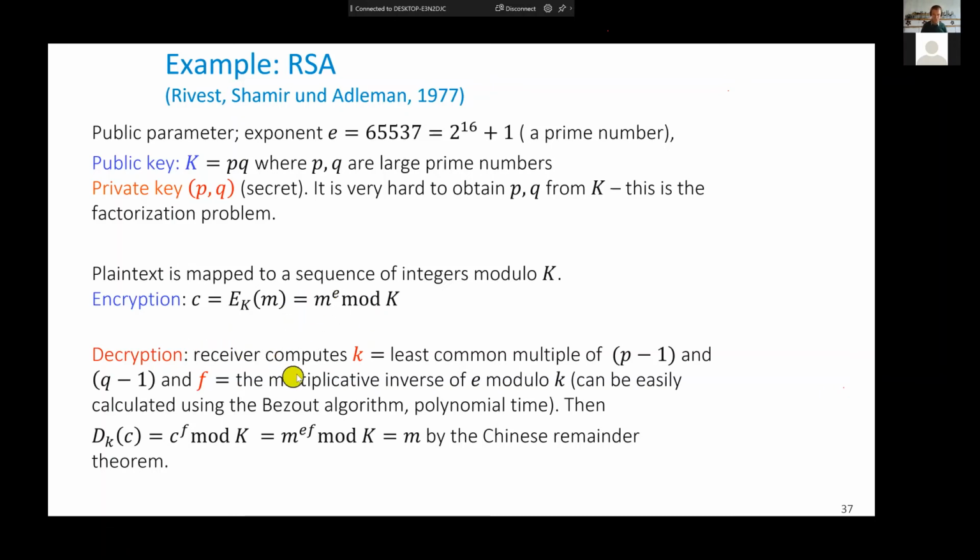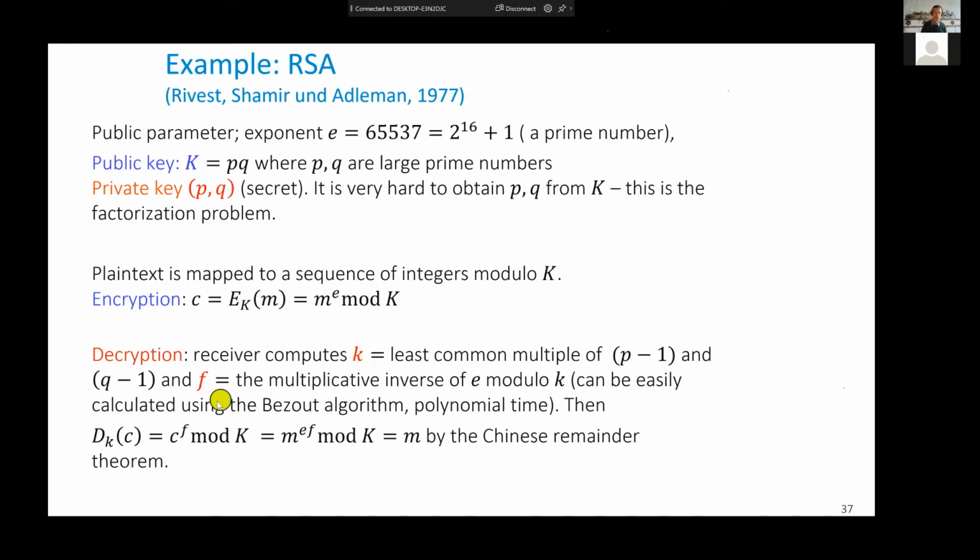Decryption is based on the private key, P and Q. So from the private key, we do a small calculation to compute the least common multiple of P minus 1 and Q minus 1. That's also a simple thing. So that's static. Once you have P and Q, you compute K easily in this way.